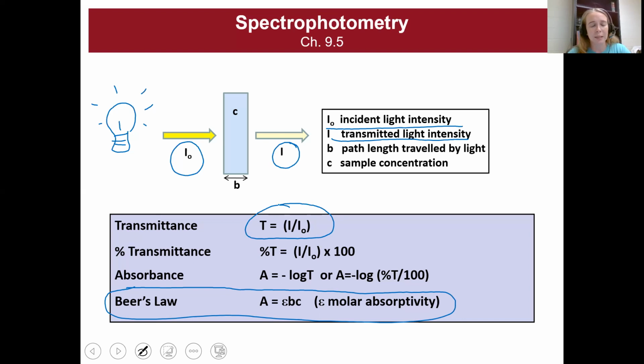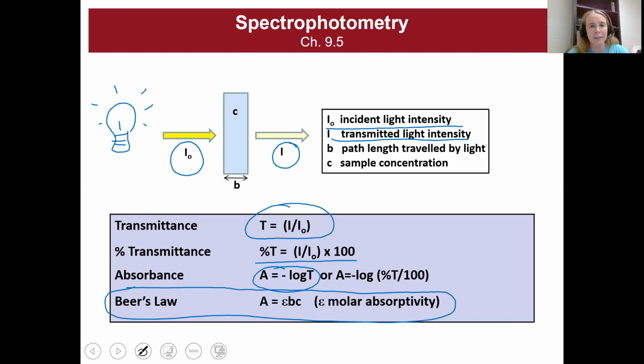The transmittance is the relationship between the incident light intensity and the transmitted light intensity. So basically the ratio of what came out to what went in. And we can write that as a percentage if we want to. But the more common way that we would report it is actually not the transmittance, but the absorbance.